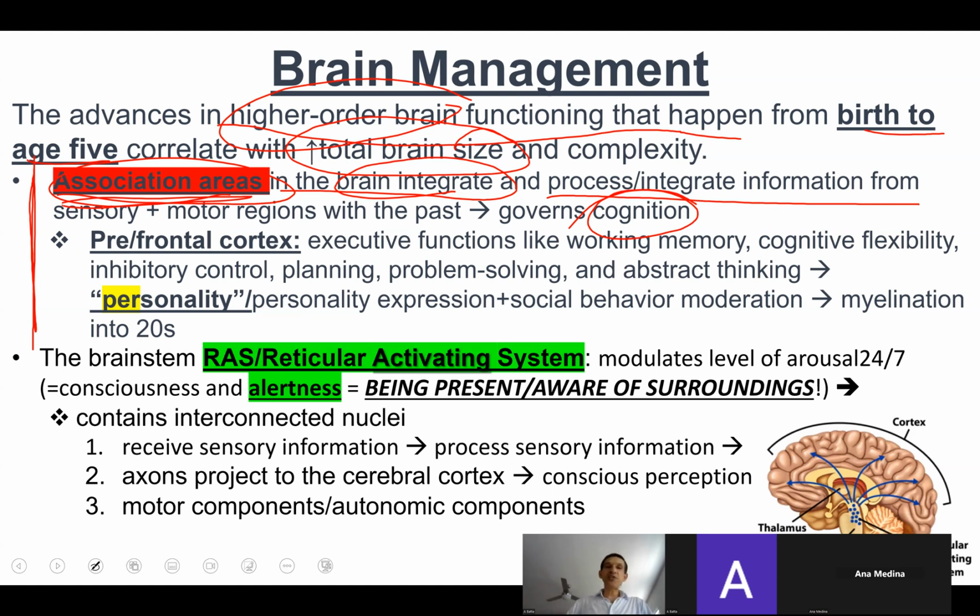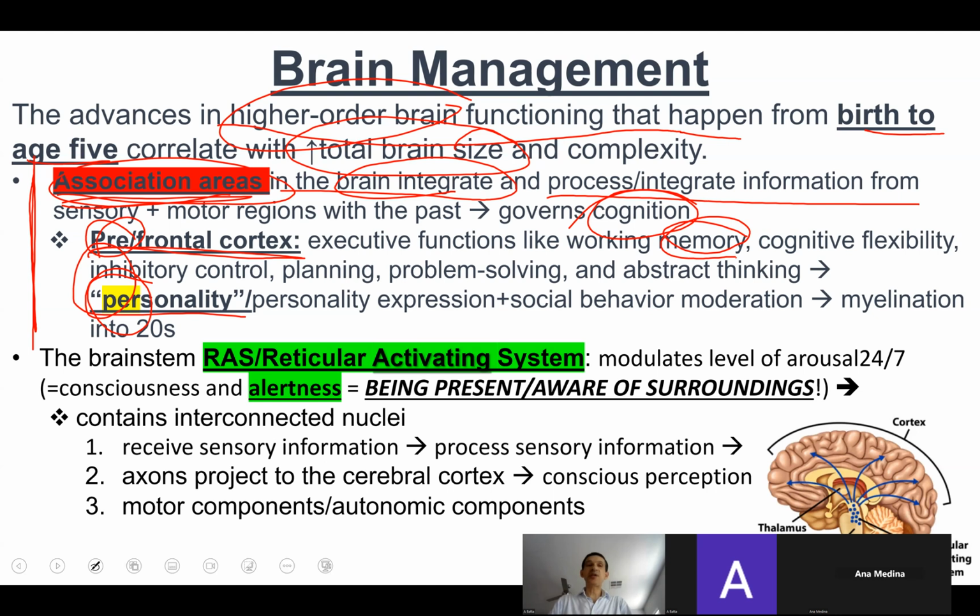There is an association area called the prefrontal cortex. Prefrontal cortex, PRE, is associated with PER, the personality. Prefrontal cortex is an association area that is responsible for different kinds of memory and your cognitive ability. You plan, you think in abstract ways, essentially what we are as a personality, okay?